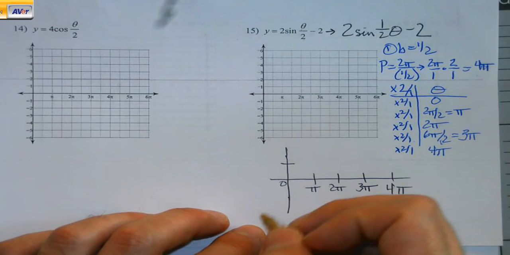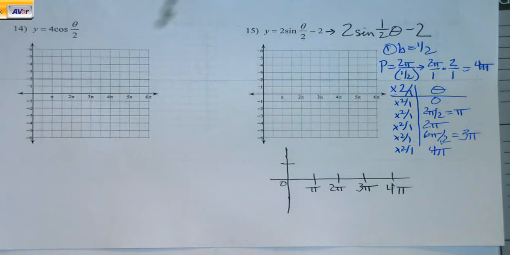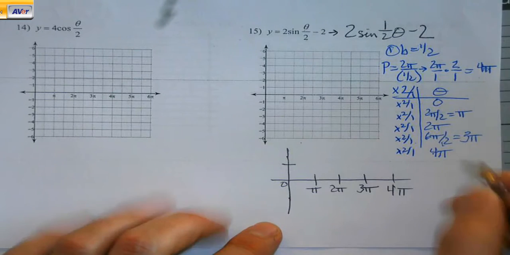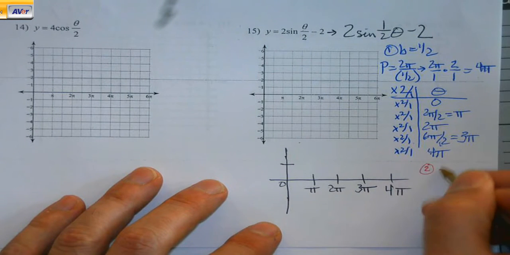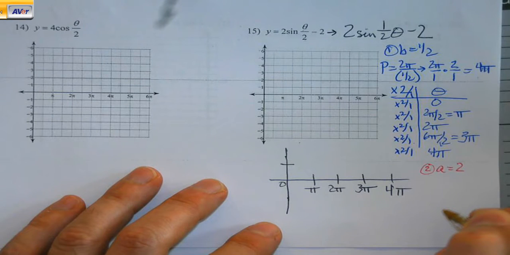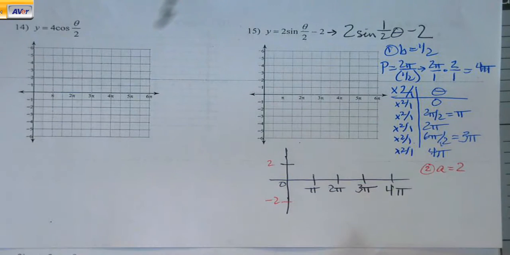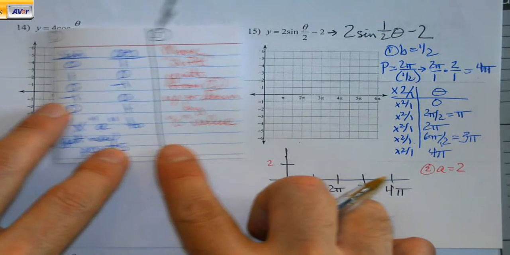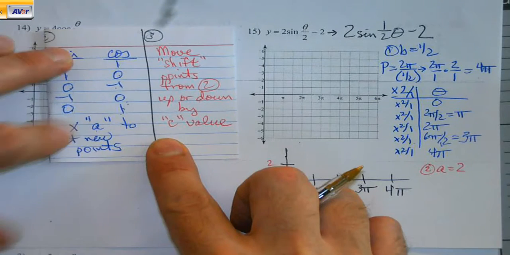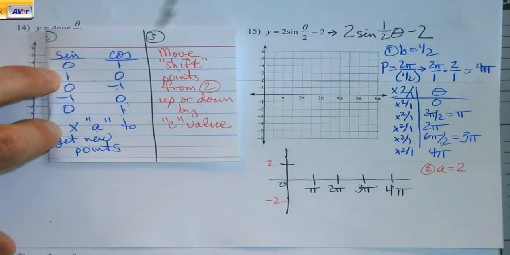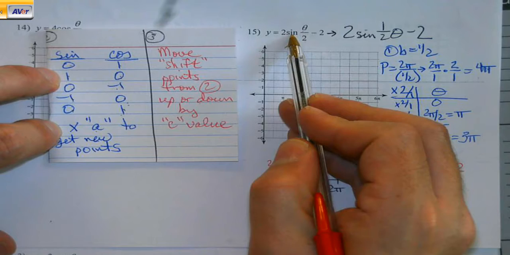My A value, which we're just now getting to, my A value is 2. It's a sine graph.